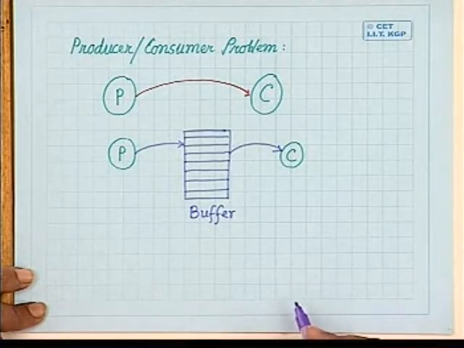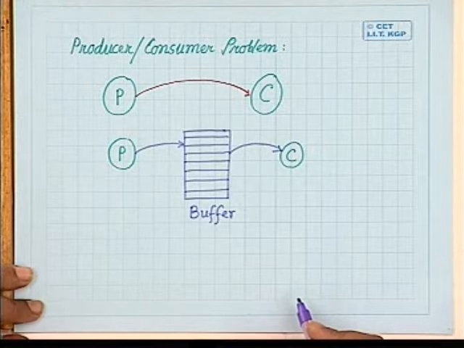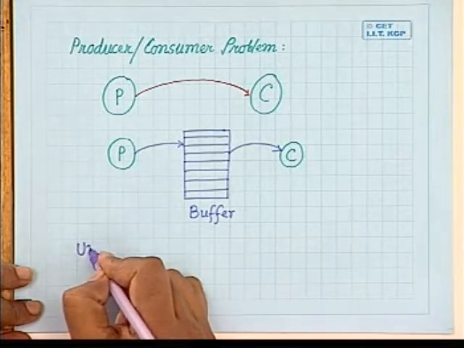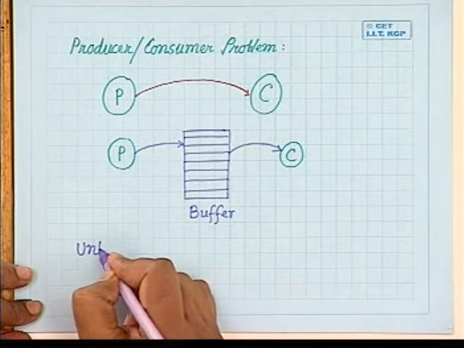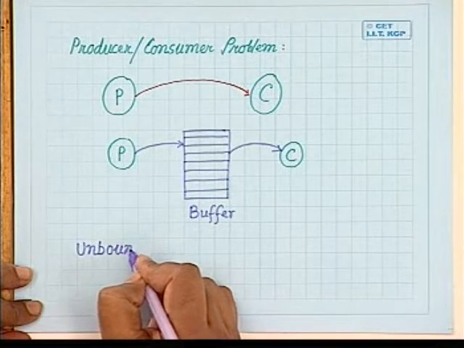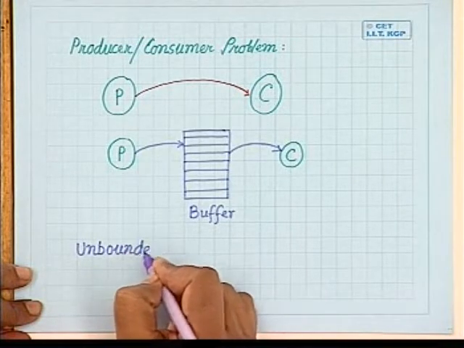Now, even in this case, we can have two types of situations. One is unbounded buffer, that is, we don't have any limitation on the buffer size. So we call it unbounded buffer.